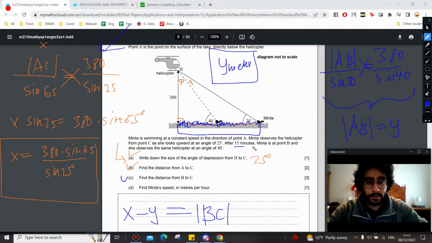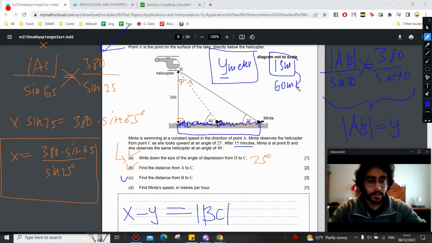Well, time is 15 minutes. So now you have to use proportion or logic. If in 15 minutes I can go y meters, how much would I go in 60 minutes? In order to go from 15 minutes to 60 minutes, you have to multiply by 4.